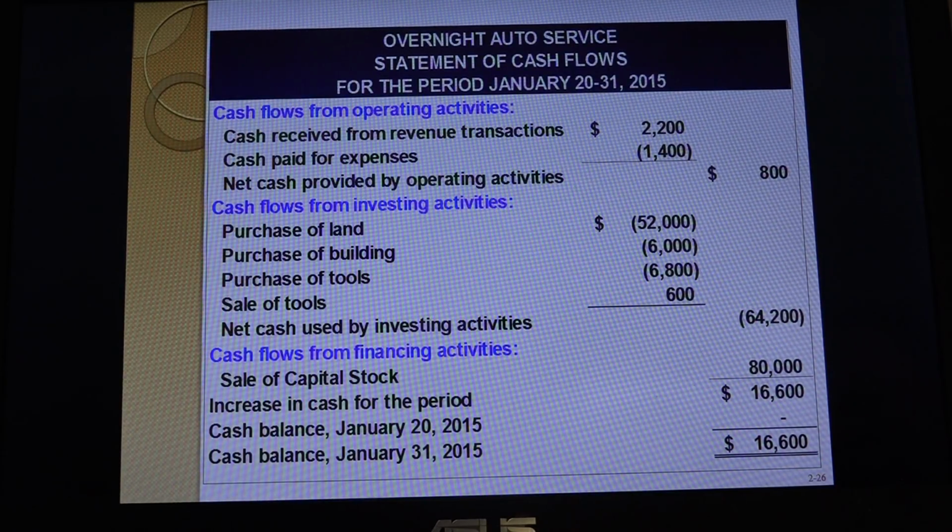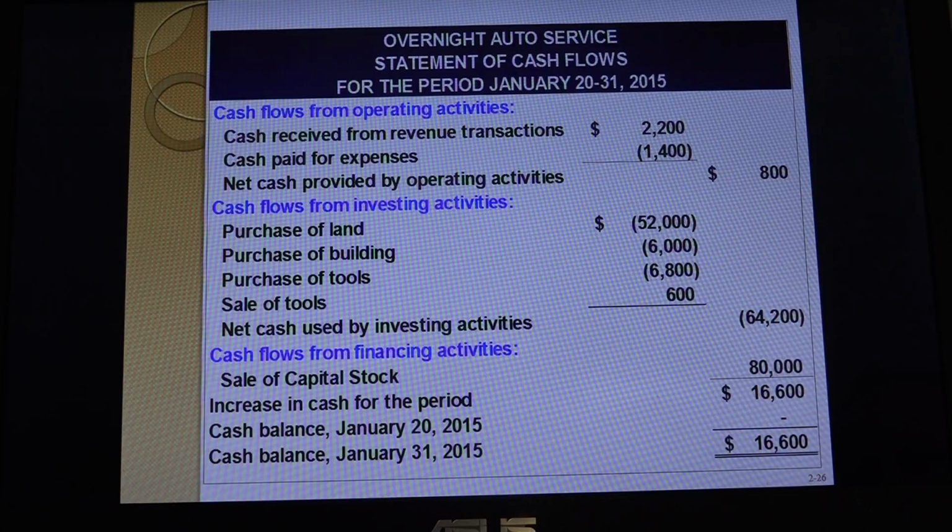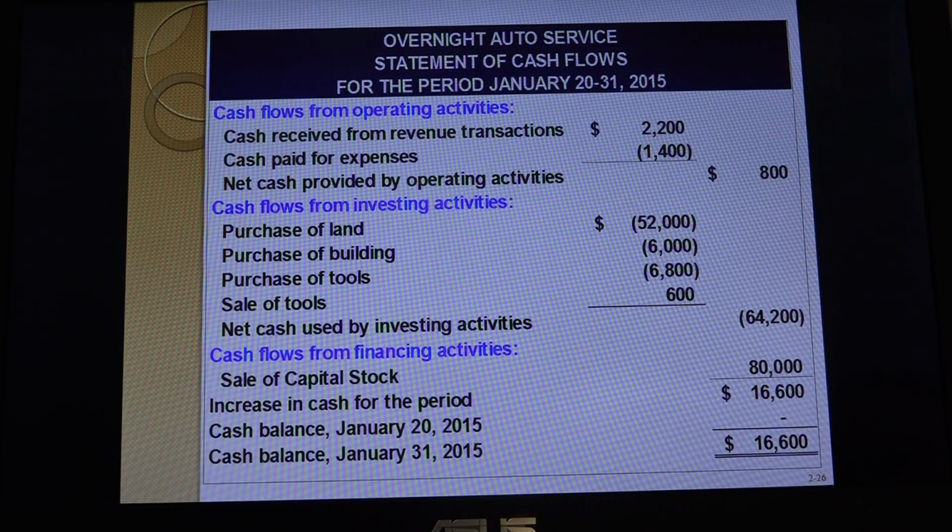In this case, they did a lot of cash flow out to purchase assets, the land, the building, the tools, and then they sold those excess tools on top of that. Why would the sale of tools not be included in cash received from revenue transactions up above the 2,200?